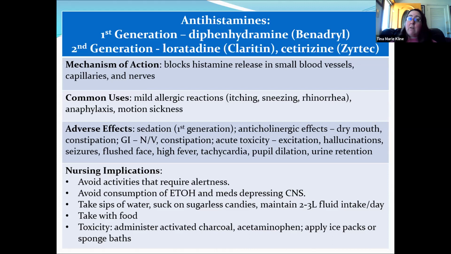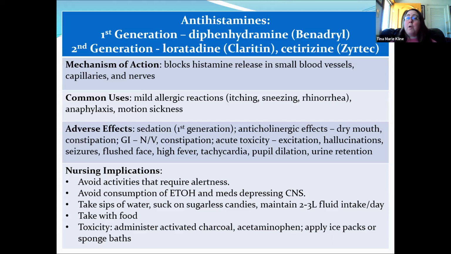Now, your second generations, your loratadine, your cetirizine, those are much better tolerated. They're very effective. They don't have those side effects that your traditional Benadryl has. So under the nursing implications, where it talks about avoiding activities that require alertness, that is more referring to the Benadryl.